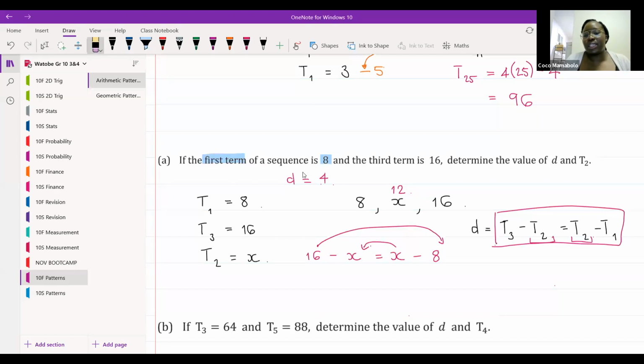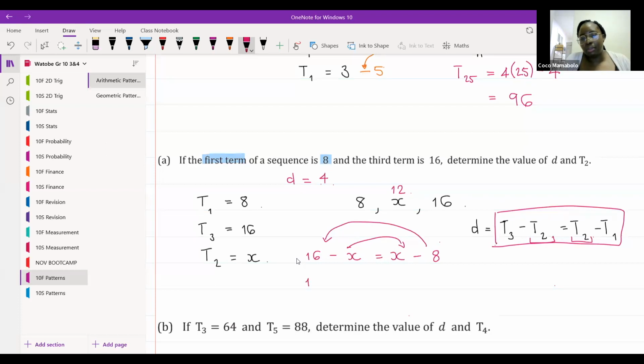Okay, so if we take the x to the other side instead and we take the 16 or the 8 over, I'm going to get, this is negative x, right? So negative x will go over and become positive x, agreed? Yes, ma'am. And if I take negative 8 over, it's going to become positive.